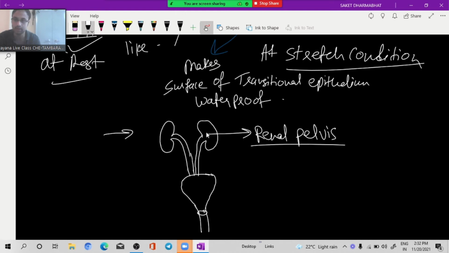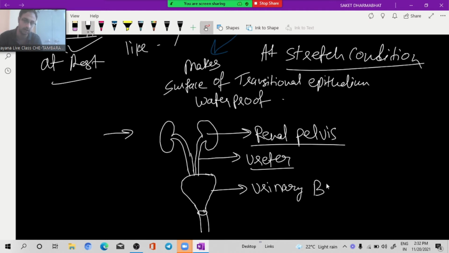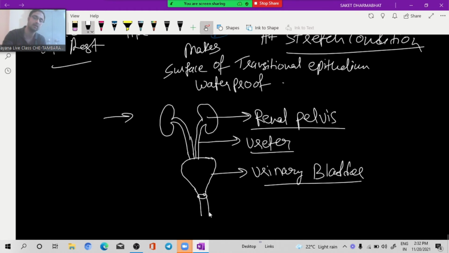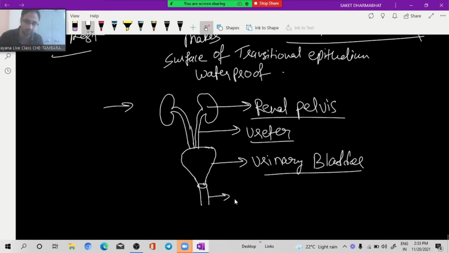Okay, in this, urine gets filled. Now, from this kidney, one pipe is coming out. What is the name of this pipe? Ureter. The ureter opens into a bag-like structure called what? Urinary bladder. And the urinary bladder further opens into what? Urethra.